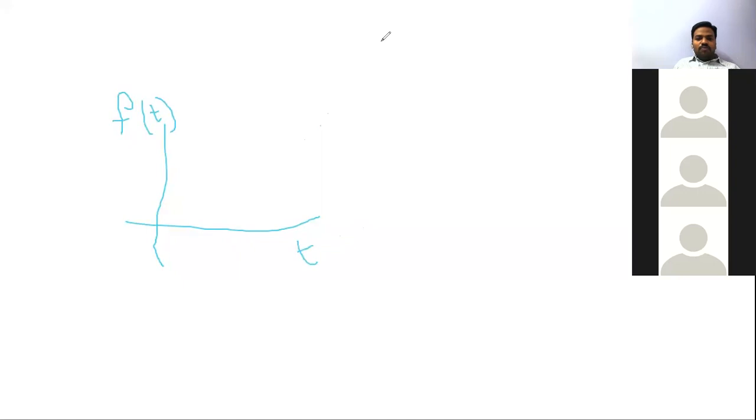Now here the problem is he has defined a function that is defined from 0 to 2. So the problem is this: write down the mathematical expression for the signal which is shown in the figure. Now our solution is very, very important.